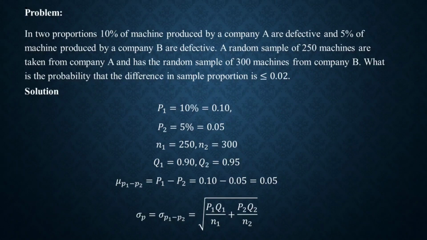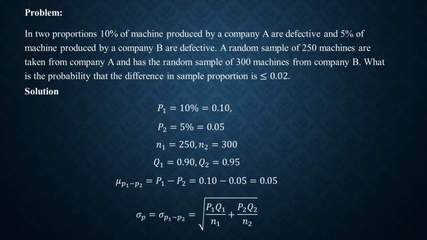So using that relation we have Q1 value is 1 minus P1, which is 0.90, and Q2 value is 1 minus P2, which is 1 minus 0.05, which is 0.95. Now the mean mu P1 minus P2 is 0.10 minus 0.05, which is 0.05.